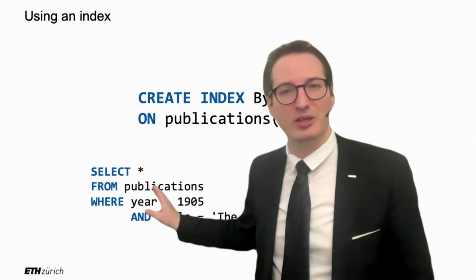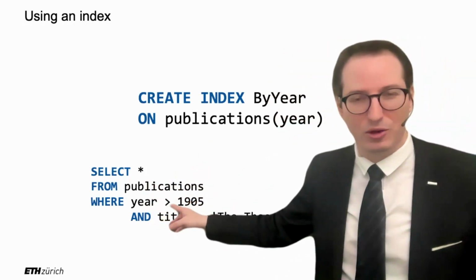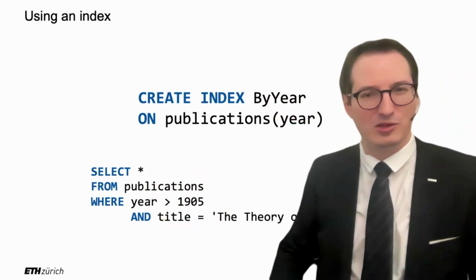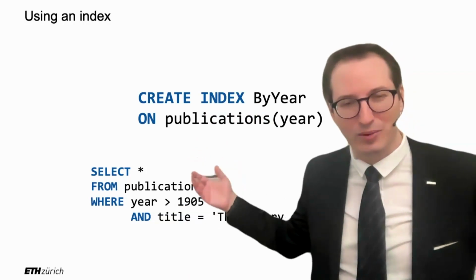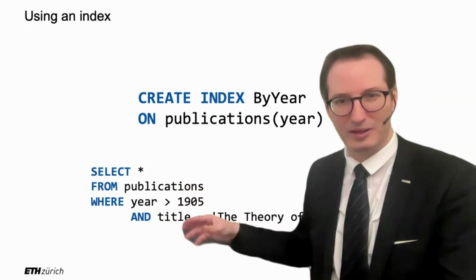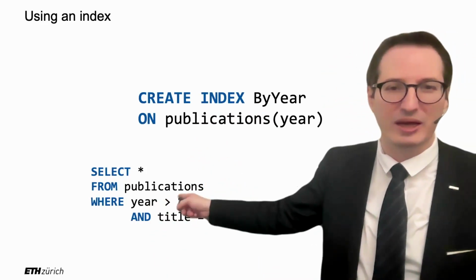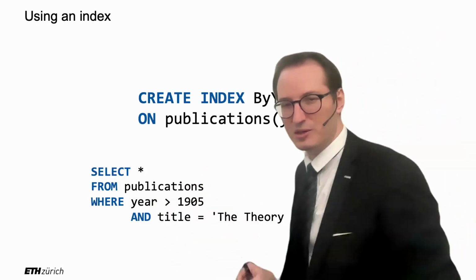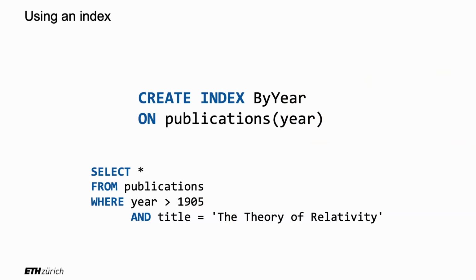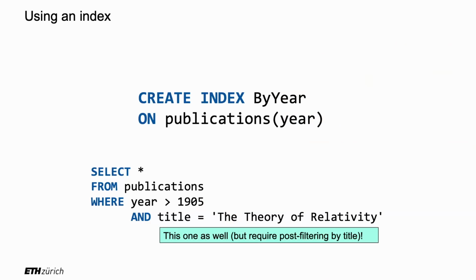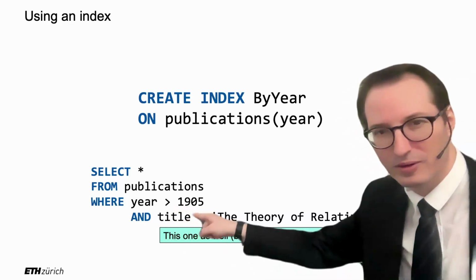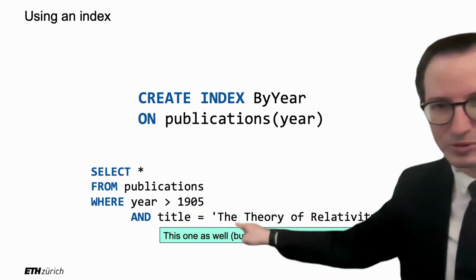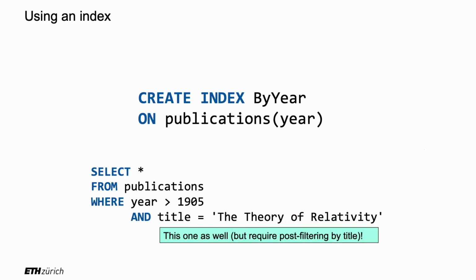So now it's a bit of an extreme example, because now you're going to tell me the number of publications after 1905 is so gigantic that it will not help much, right? But this is really just an example, right? I could also say in the year between 1905 and 1906, for example, and then that would probably be much faster, because then it's a very small set. Okay. So this one is faster, but it requires a bit of extra work in order to also filter for these, because that is not in the index.